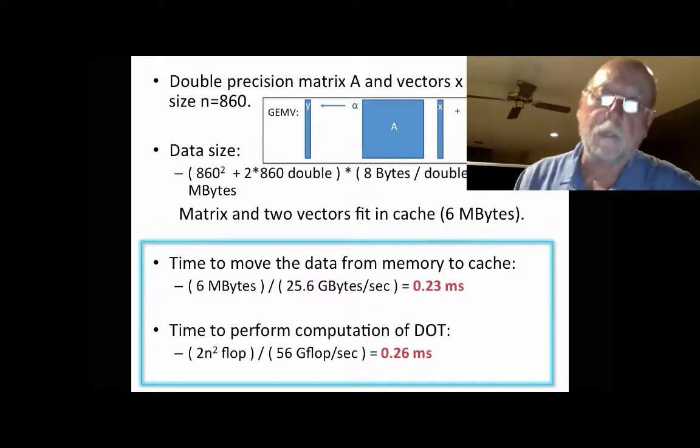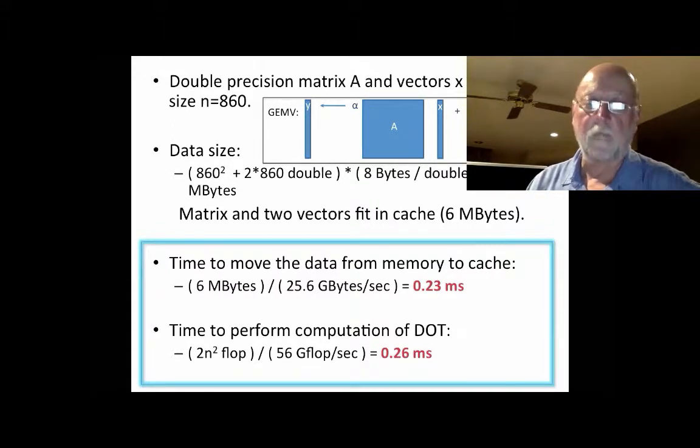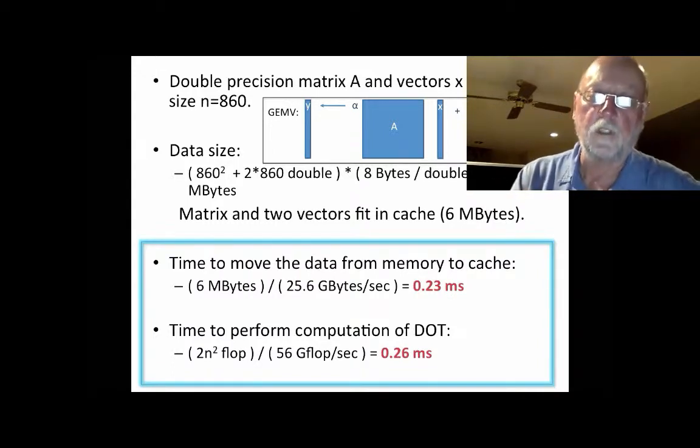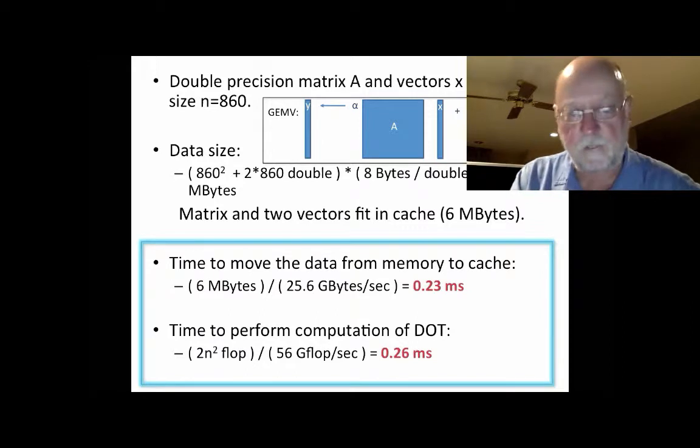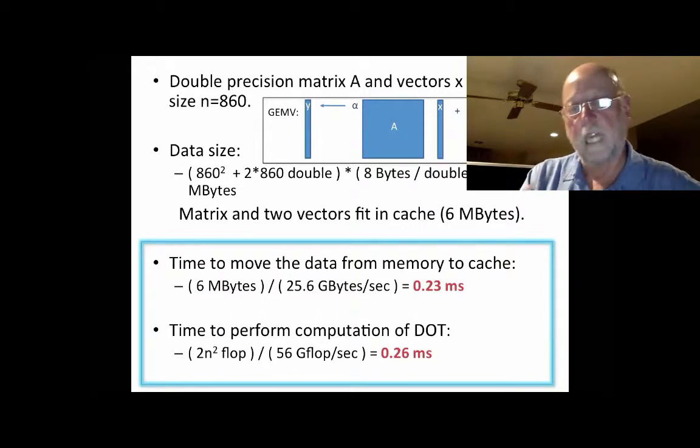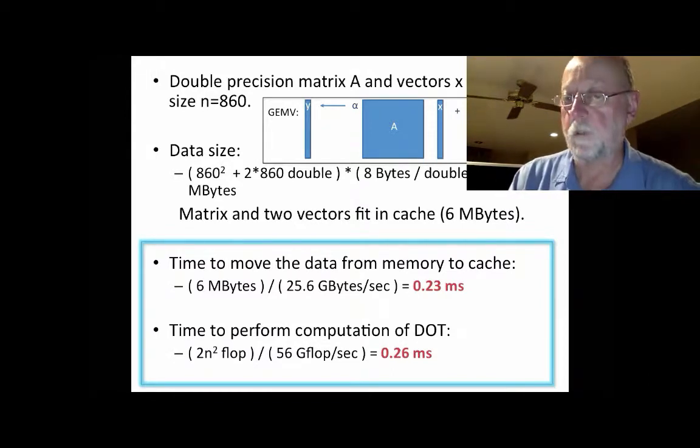So again, the time to move that data remains the same. It's 6 megabytes of data, and I've got a rate of 25.6 gigabytes per second. So it says it takes 0.23 milliseconds to do the data movement. And then to do the matrix vector product, I've got 2n squared floating point operations, and that's going to go at 56 gigaflops. So that's going to take 0.26 milliseconds. So now I'm consuming more time doing the floating point operations.